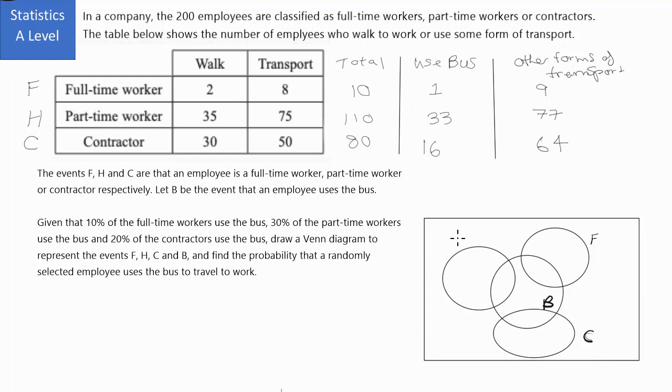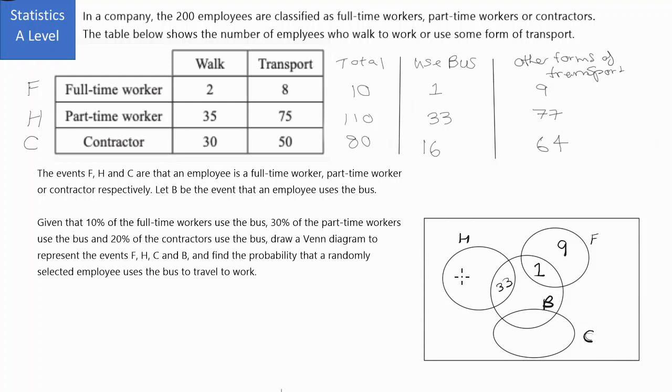And the next thing to do is to start filling in the numbers. So this is going to be full-time worker and bus. Let's look at the full-time workers who use the bus. There's only one of those, so we write that in there. Now this section here is full-time worker, but it doesn't cross into bus, so it's full-time workers who take transport other than bus. We worked that out, there was 9 of those. And then part-time worker who takes the bus, well that was 33.